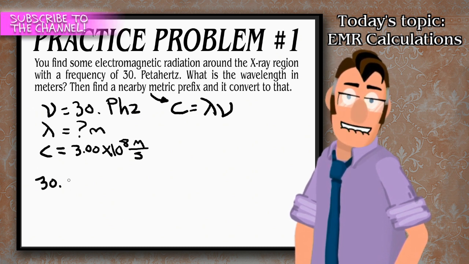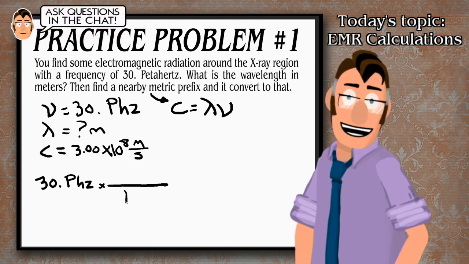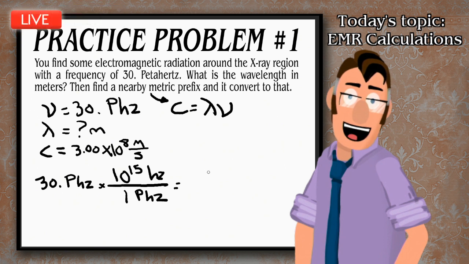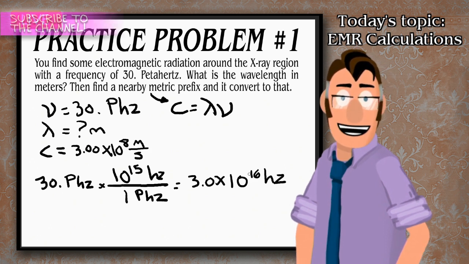If we have 30 petahertz, remember that 1 petahertz is going to equal 10 to the 15th hertz. So for your math fans out there, we end up with 3 times 10 to the 16th hertz. That's not a big deal to figure out.